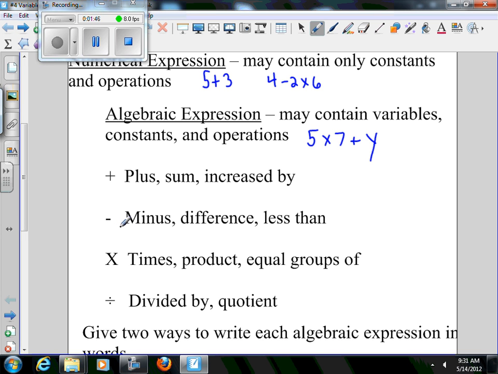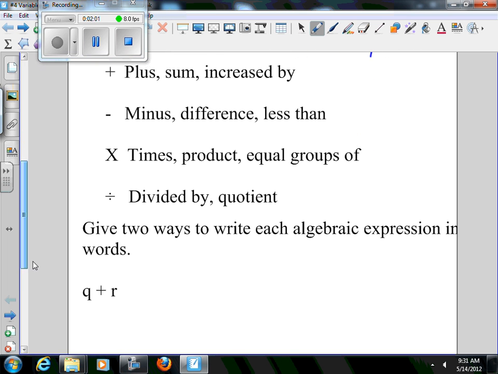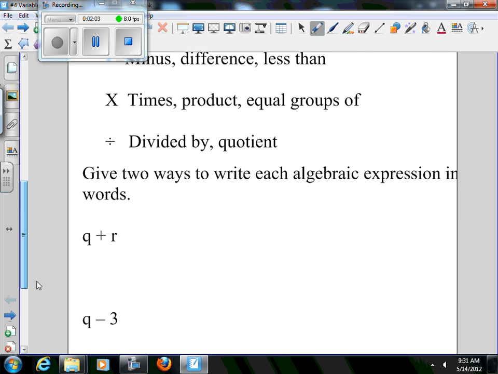If you see the words times, product, or equal groups of, that means that you're going to multiply. And if you see the expressions divide or the word quotient, that means you're going to divide. Okay?